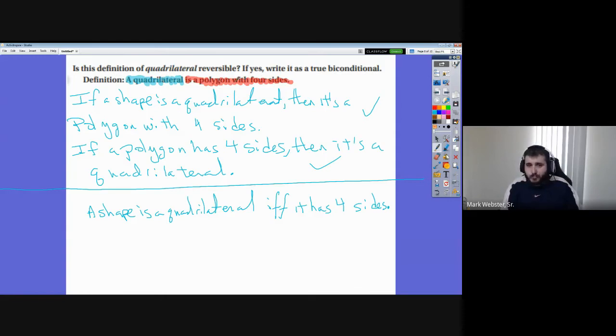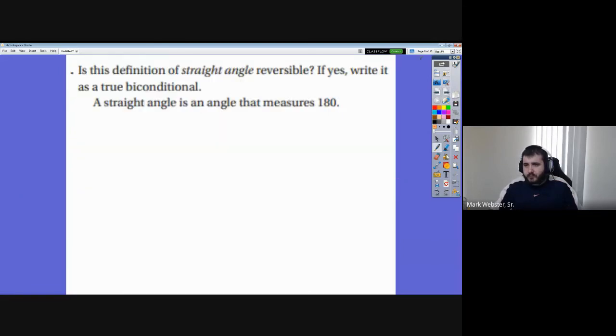Quadrilateral, polygon, 4 sides, right? Very simple to write, very easy to understand. Where things get difficult is when we have non-mathematical definitions. Those are more difficult. But let's try and keep with mathematical definitions for this one.